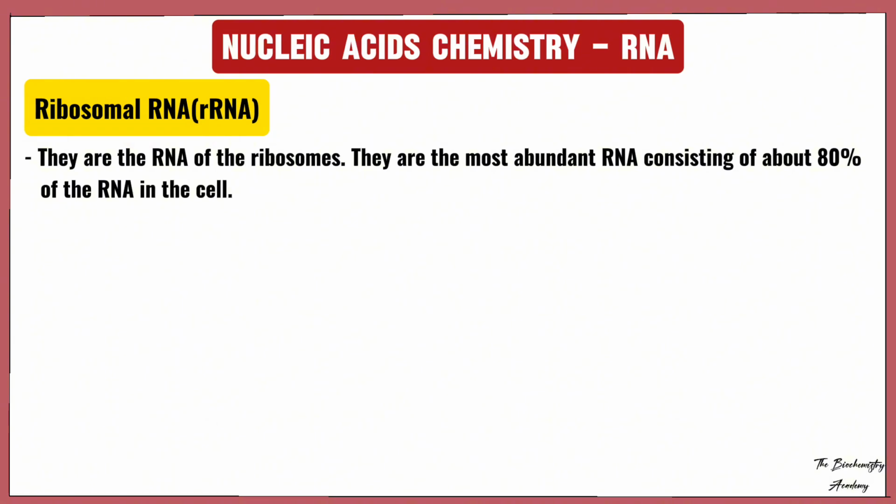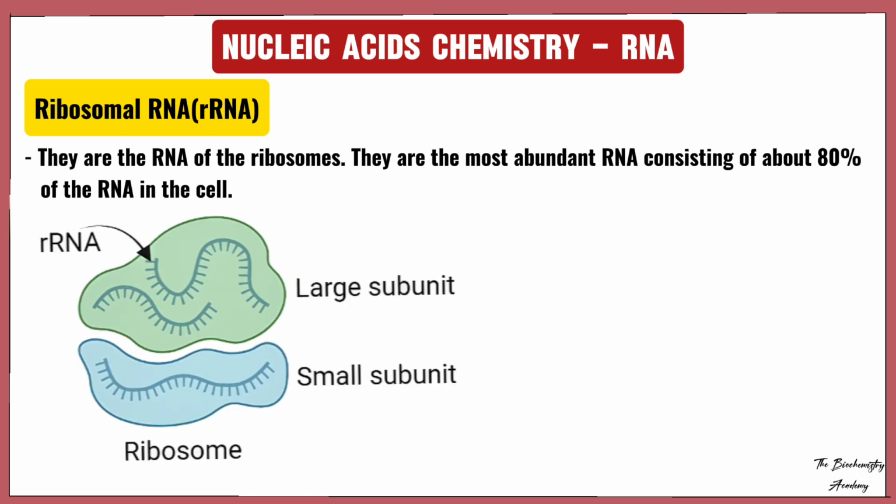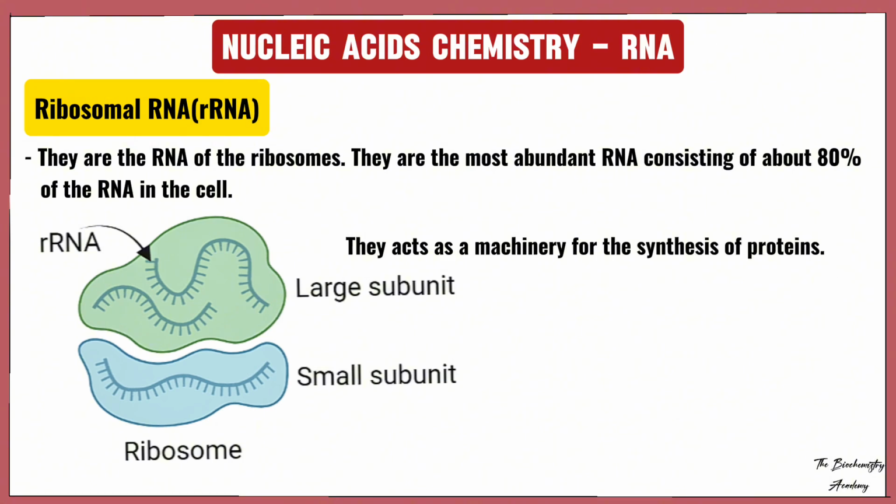Now, to understand, a ribosome is a cytoplasmic nucleoprotein that acts as a machinery for the synthesis of protein. Now, it's at the ribosome that is where proteins are being synthesized. We'll talk about this more in protein synthesis.